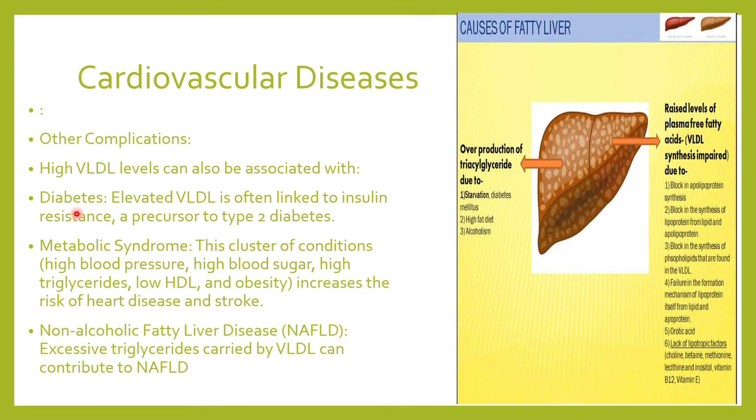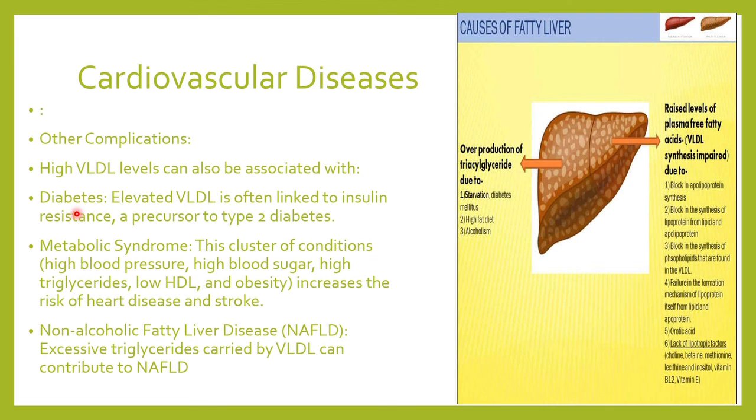Whenever there is increased VLDL, it is linked to insulin resistance and it is a precursor for type 2 diabetes. It is also linked to metabolic syndrome. That means the patient will have high blood pressure, high blood sugar, high triglycerides, low HDL, and central obesity.